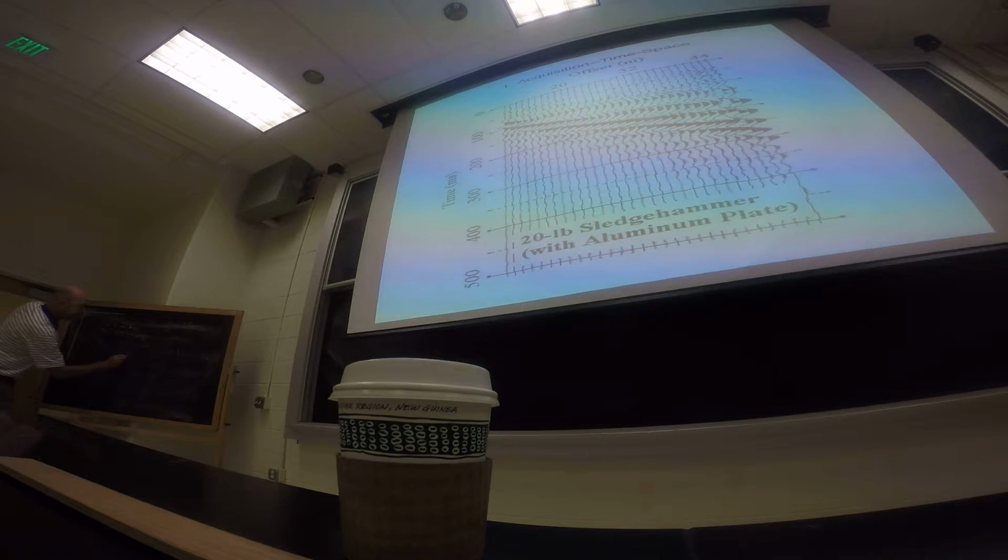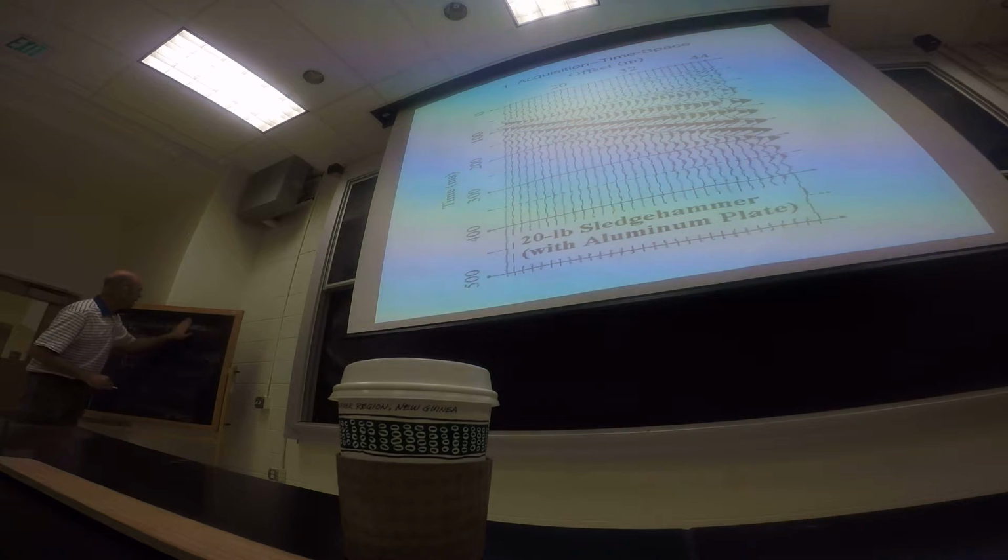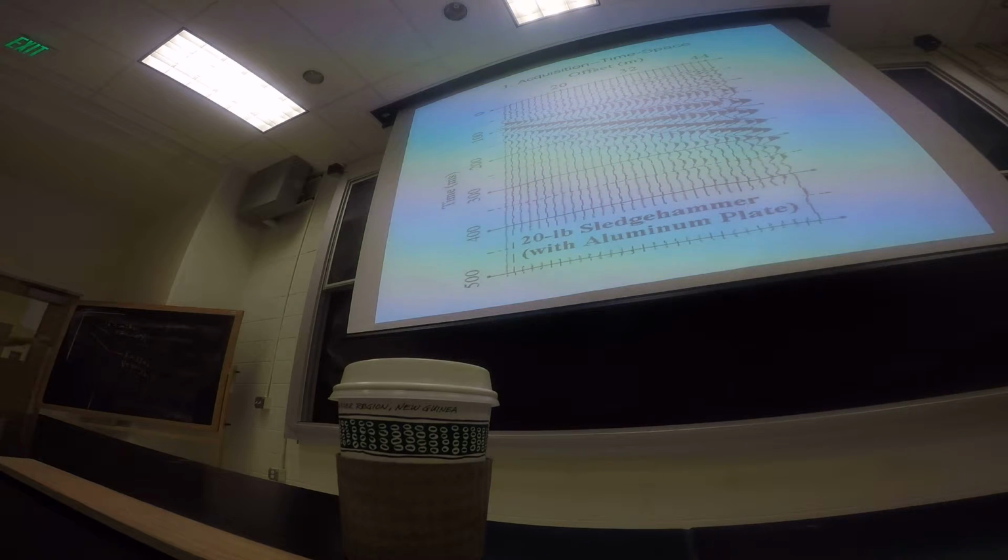The frequency down here is about 33 hertz, and the velocity is about 400 meters per second. So let's plot that on a frequency velocity chart.